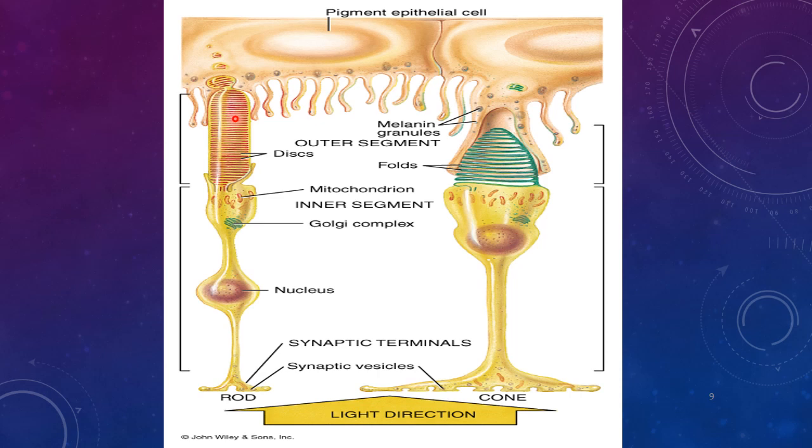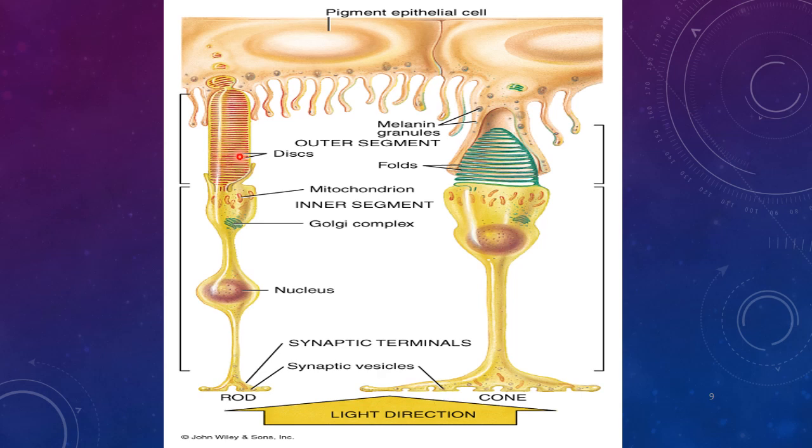So you can appreciate here in the structure of that rod that this is the outer segment and this is the inner segment. In the outer segment, you can appreciate these membranous disc-like structures which show striations. It is because of the infoldings of the plasma membrane of the outer segment of the rod cells.